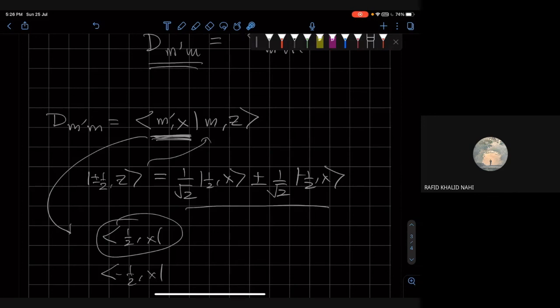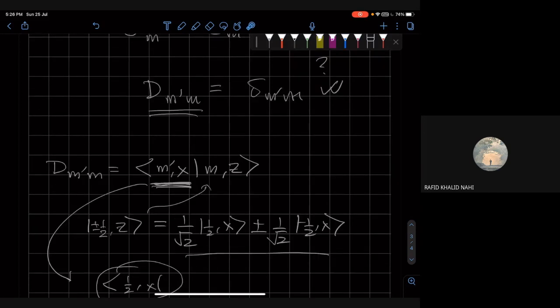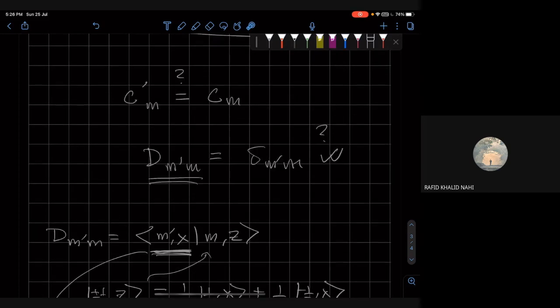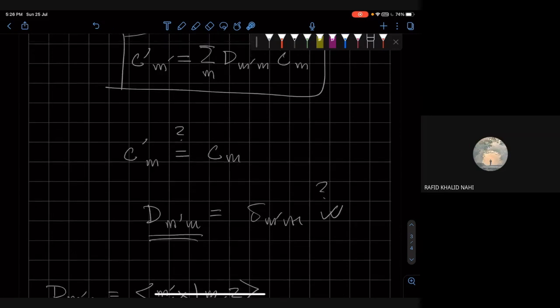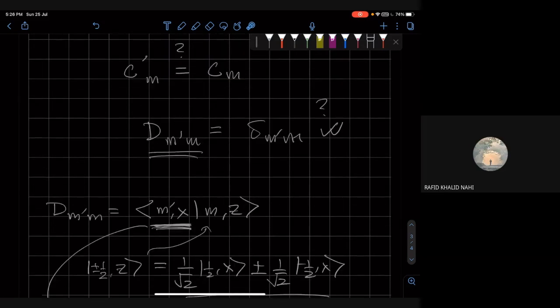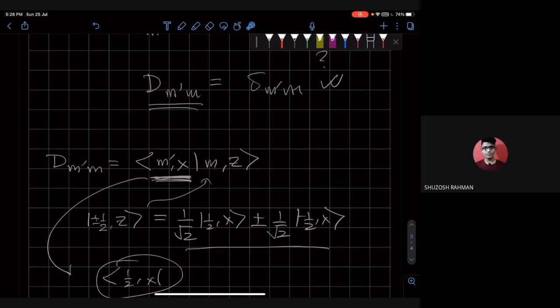No, sir, because they're not orthogonal. It's always 1 over square root of 2 or minus 1 over square root of 2. So can D be the delta function? No, sir. Then does this answer your question? Yeah, it doesn't work.